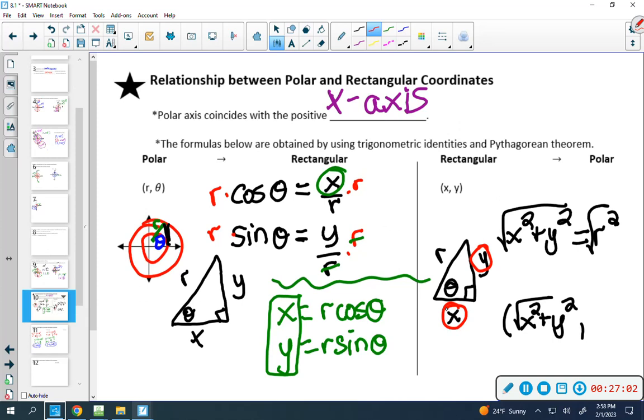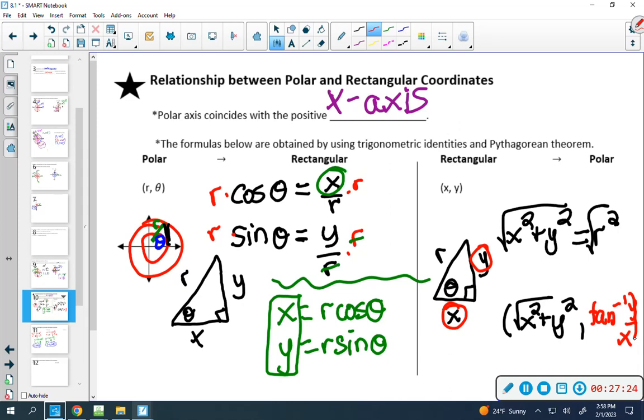I've got opposite and adjacent, so that's tan. And to get an angle, we know it's the inverse. So theta is tan inverse of y over x. I know it's a hot mess.